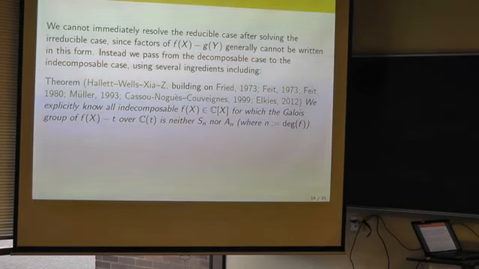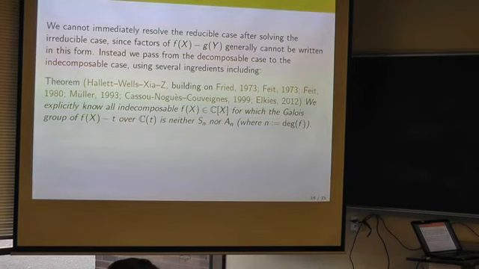Here we used a lot of group theory. One result we proved was that we can explicitly write down all indecomposable polynomials for which the Galois group of f of x minus t over c of t is not S_n or A_n. This is the monodromy group for the inverse function of f. We really heavily built on all this previous work, and Fried's paper had a Stony Brook address, actually.